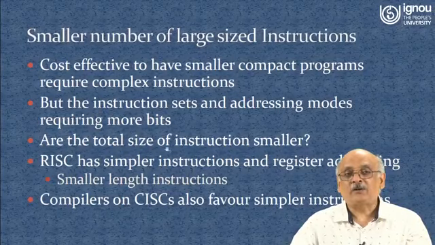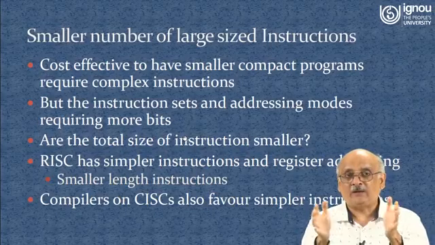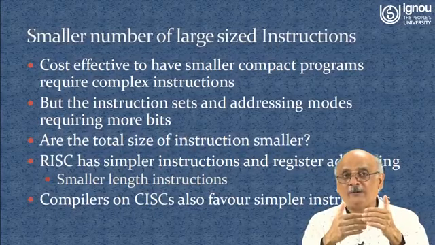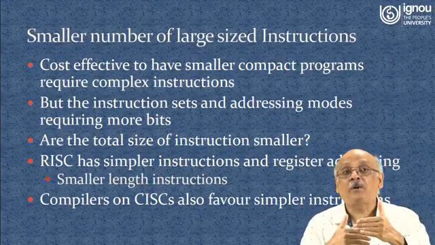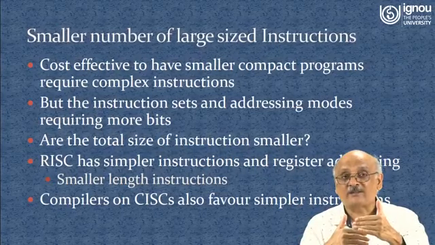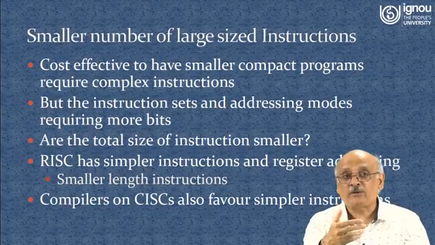Are the total size of instructions smaller? The total size. Now, what was done in a complex instruction set computer when we got a smaller number of large size instructions in a program? That was the idea, because we are moving instructions into microcode.